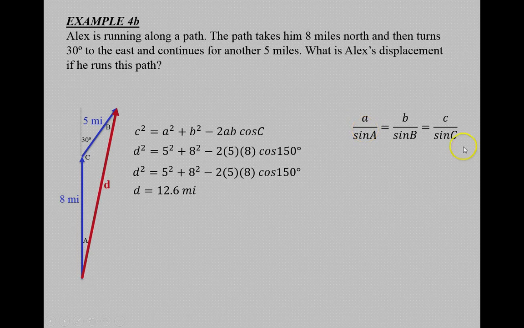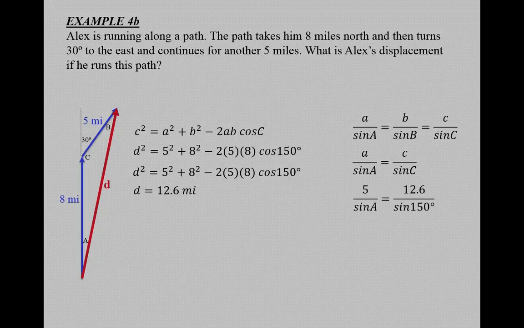But what I know is side length C and angle C. So I need to know these values. So I'm going to simplify this equation slightly and take out the middle portion, B over sine B, because that doesn't help me arrive at my answer. And I can plug into this equation values that I already have.